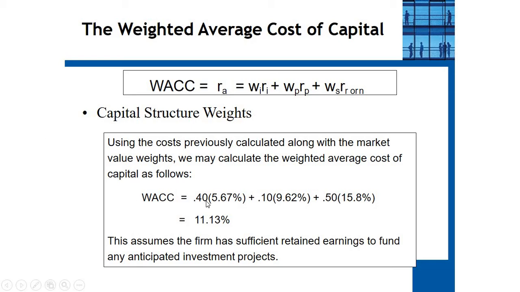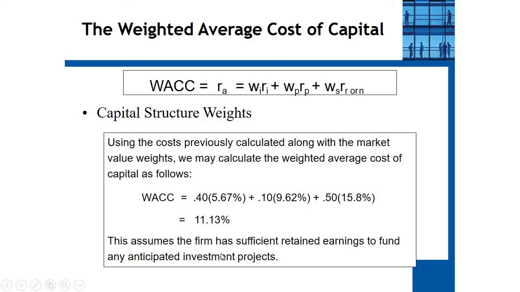So we have already calculated the weight of debt, preferred stock, and equity, and we have also calculated the after tax cost of debt, preferred stock, and cost of retained earnings. So using this weight and cost, the weighted average cost of this firm is 11.30%.